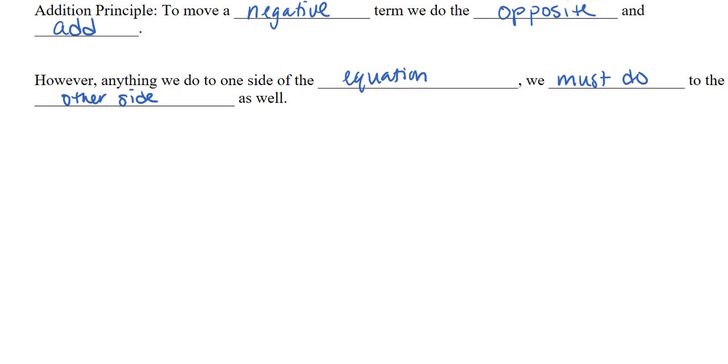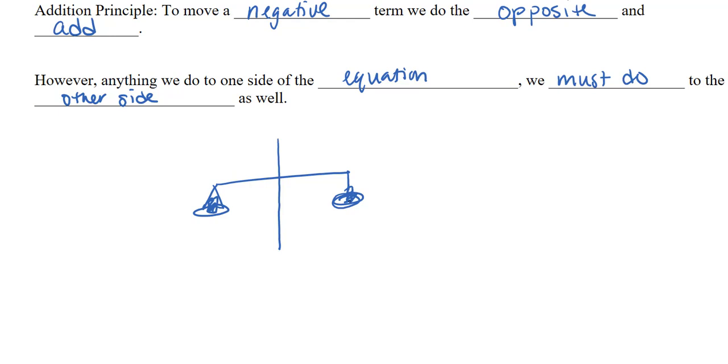So let's think about this for a minute. If you have to do it to the other side, let's think about it like if you were to weigh something back in the day, where, like they did this in chemistry, you would have these weights, and then you can measure what you're trying to do, right?